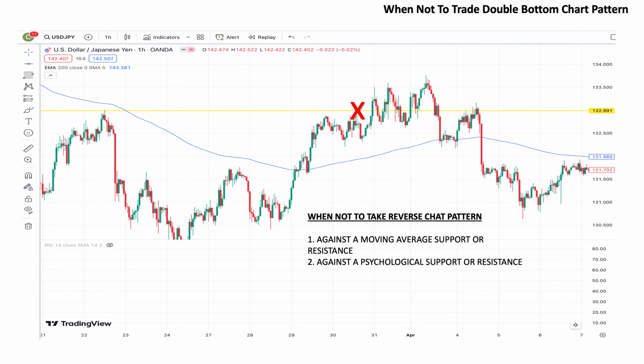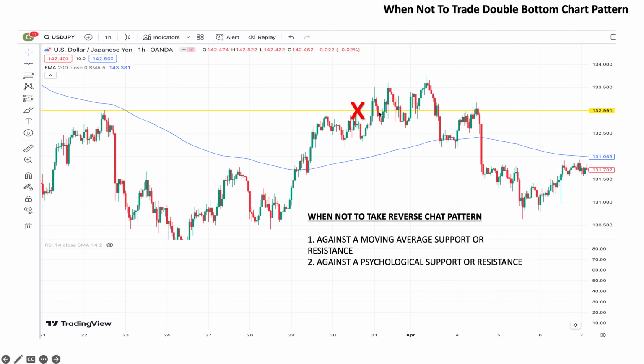When not to trade a double bottom chart pattern, again, here is another example. We can see we are already in an uptrend, and then you find a double bottom, and you create your neckline, your psychological neckline. Then you see that when the price goes up, it doesn't go up like it should.